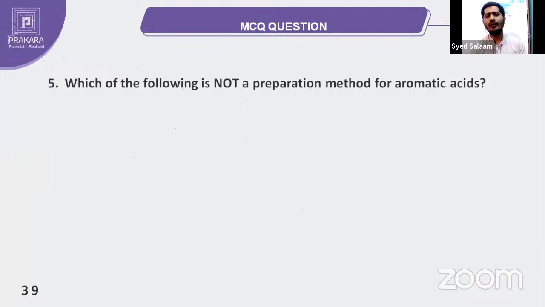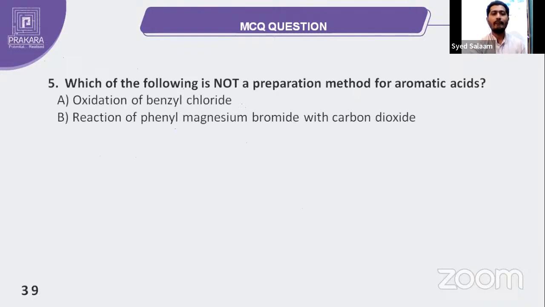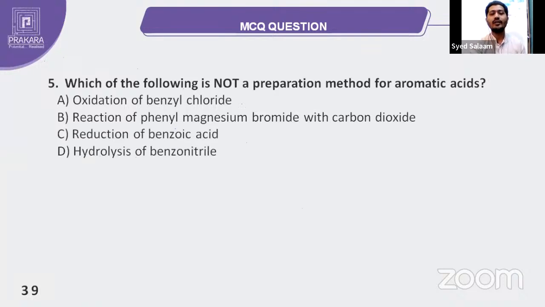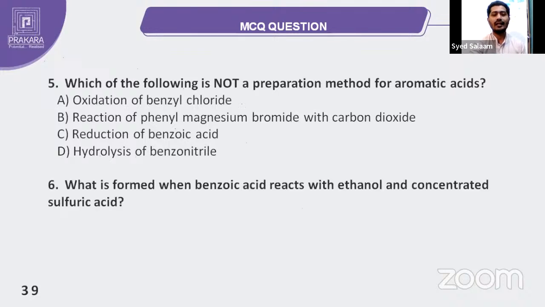Next, which of the following is not a preparation method for aromatic acids? Oxidation of benzyl, reaction of phenyl magnesium bromide with carbon dioxide, reduction of benzoic acid, or hydrolysis of benzonitrile. Okay, so these are the various options; among them, which is not a method of preparation? You need to predict the correct one.